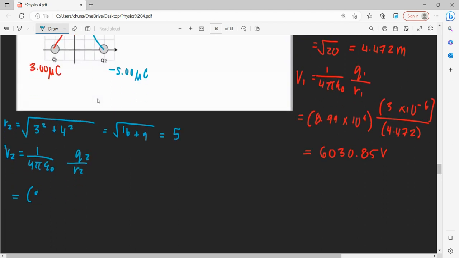Then this is equal to 8.99 times 10 to the 9 times negative 5 times 10 to the negative 6 coulombs over 5 meters separation. So that's 8.99 times 10 to the 9 times negative 5 times 10 to the negative 6 divided by 5. And this is equal to negative 8990 volts.